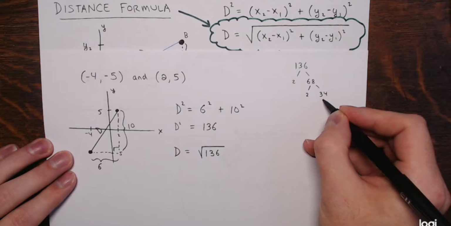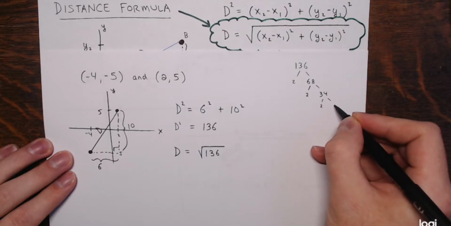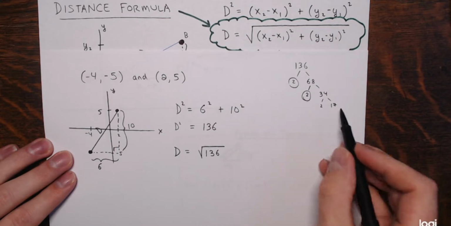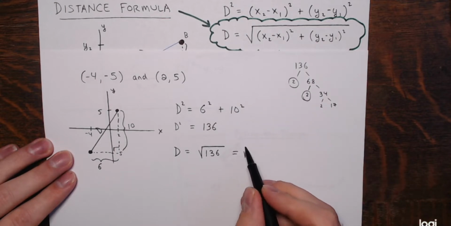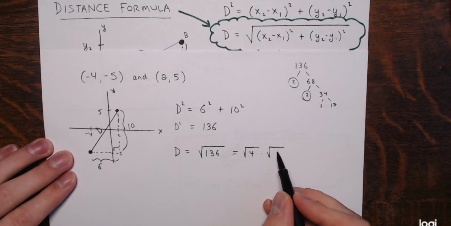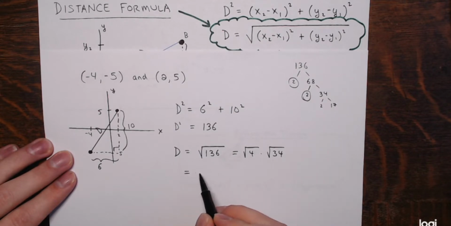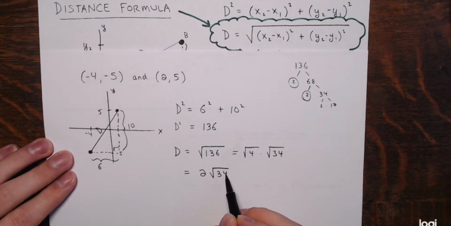This is 2 times 17. So I have two 2's, right? This is 4 times 34. This is the square root of 4 times the square root of 34, and the square root of 4 is a nice perfect square. That's just 2. So when I simplify the radical, it's 2 times the square root of 34.